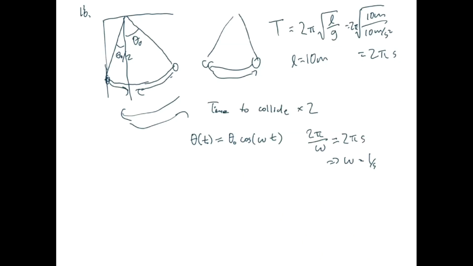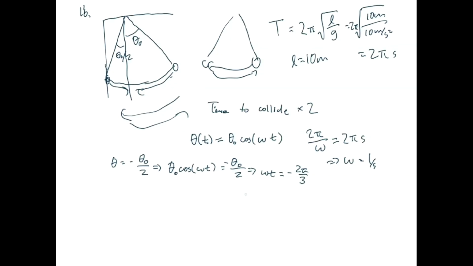Now, at what time will theta become negative theta 0 over 2? That means theta 0 cosine omega t equals negative theta 0 over 2, which will happen when omega t is equal to 2 pi over 3.